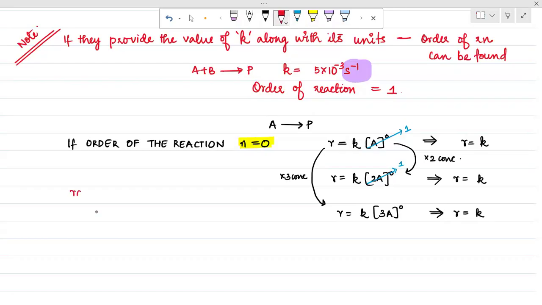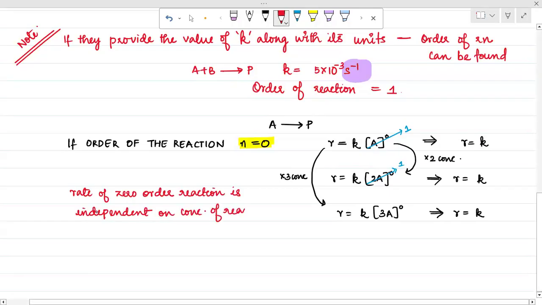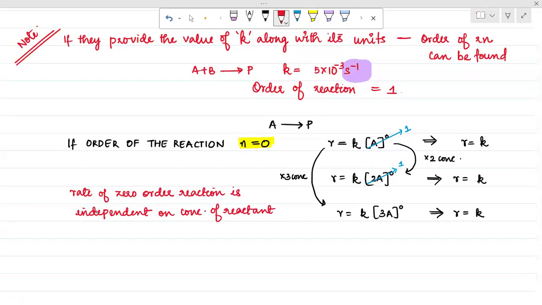Or what I can say is, the rate of a zero order reaction is independent of the concentration of reactant. Very important. So whatever changes that you make in the concentration of the reactant, whether you multiply it or divide it, that's not going to have any effect on the rate of the reaction if the order of the reaction is 0.